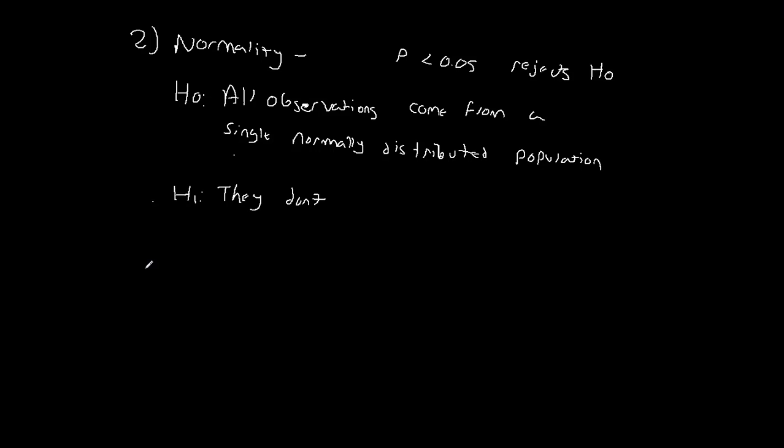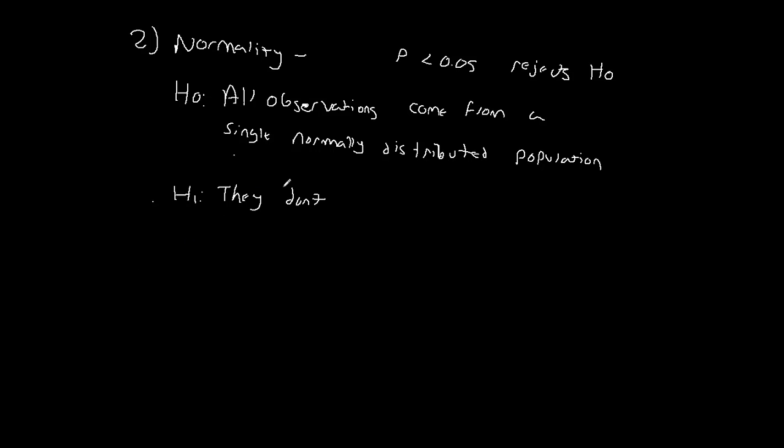They wouldn't be normally distributed. We would have clusters of values. And so if we reject the null hypothesis, if we reject the idea that these observations are from a single normally distributed population, that's indicative that we actually don't have a normal distribution. And that's indicative that we have a structure to our data set, and our structure is not normal. And with Moran's I, we're specifically saying that we're assuming that structure comes from spatial autocorrelation.